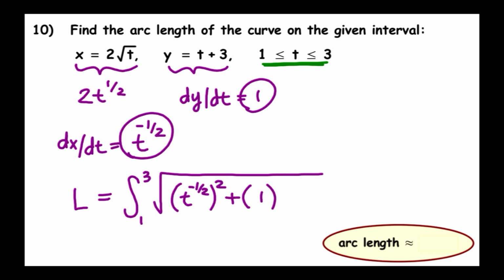Now, by the way, you don't always have a 1 as one of the numbers. It just happened to occur that way. This will turn, for what it's worth, into just t to the negative first plus 1, still under a square root. And again, you just have to put it in your calculator. And the arc length will turn out to be 2.485.